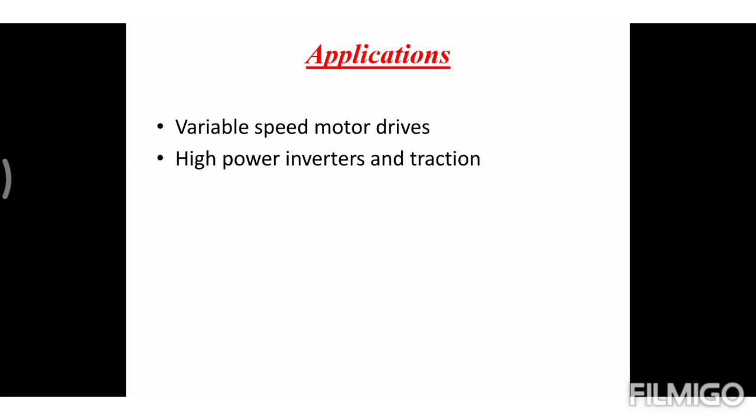Variable speed motor drives means wherever we require speed control for the drives, in that situation we use the GTO. High power inverters means if the rating of the inverter is high, in that situation these GTOs are used. And by using this GTO, traction becomes somewhat easy.